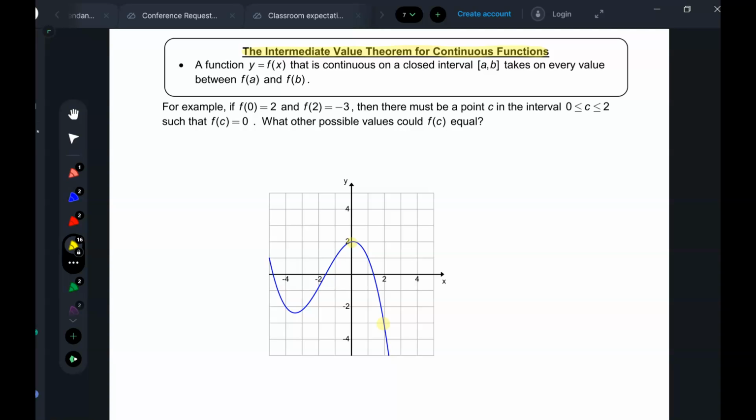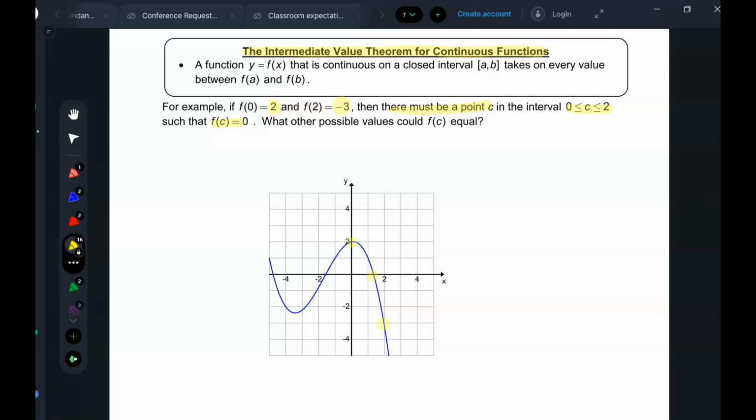So that means there must be a point c in that interval such that f of c equals 0. So there has to be a point where it crosses the x-axis.